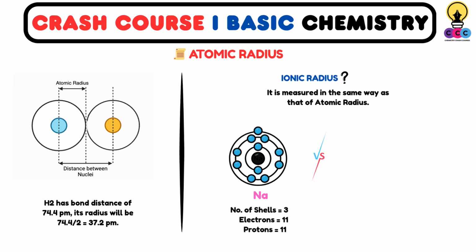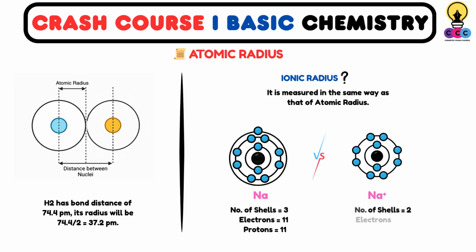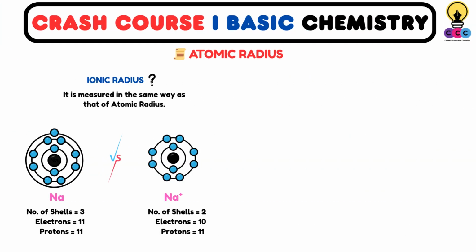On removing one electron, it forms Na positive ion, that is a cation, and this cation has 11 protons and 10 electrons. One electron is removed from the valence shell, thus the third shell is eliminated. On measuring the size of Na and Na positive, we get that Na size is 186 picometer, while the size of the sodium cation is 99 picometer.